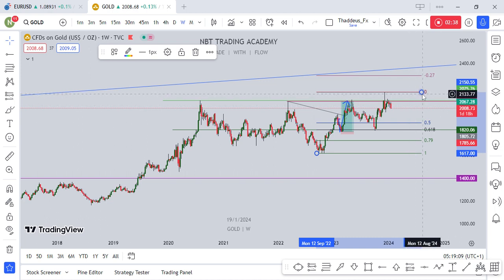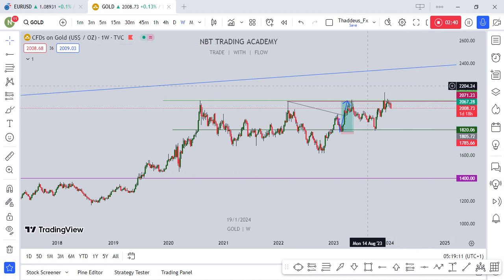So we could see here that the number one confluence that we should short gold is that the market is coming to test 1800. I repeat, guys, 1800.